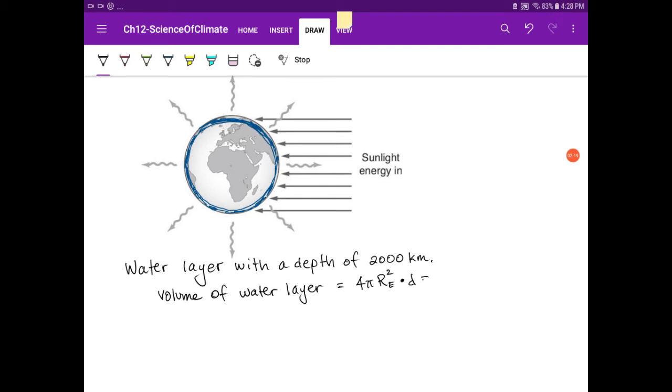If I calculate that, I get a really, really large number. 4 times pi, the radius of the Earth is 6.37 times 10 to the 6 meters, and I square that, and then I have a depth of 2,000 meters. When I calculate it, that number is 1 times 10 to the 18, so that's 10 to the 18 meters cubed.